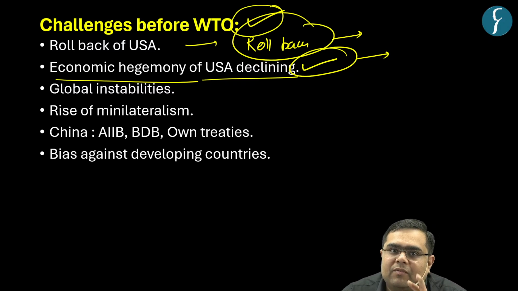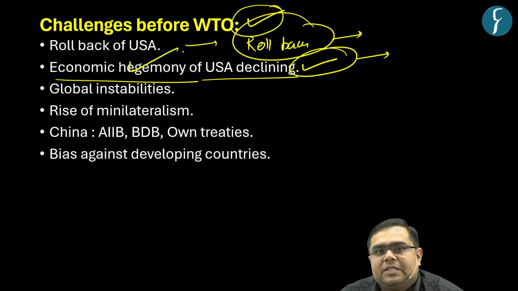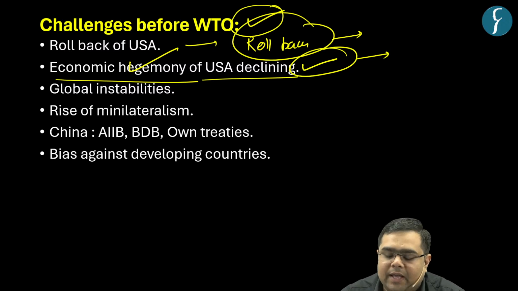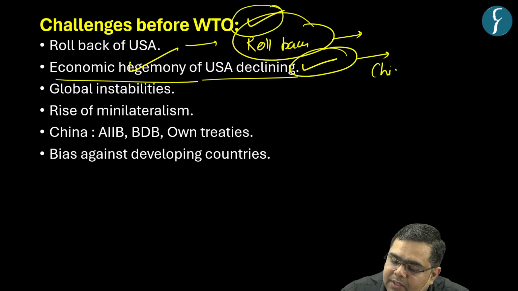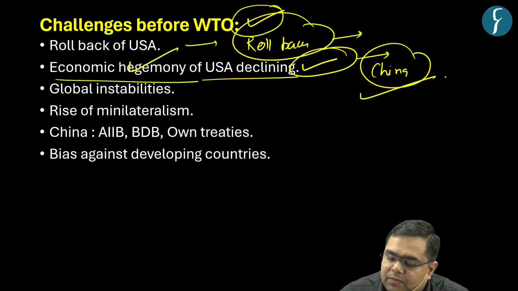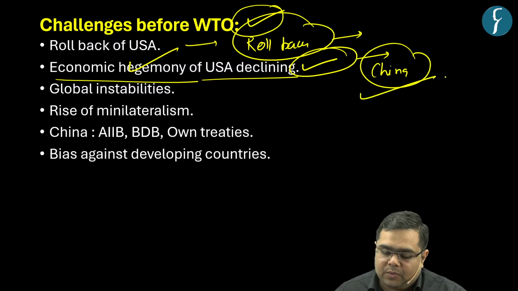Similarly, economic war is again the continuation of what? Politics. To gain or preserve national self-interest was the core idea behind the formulation of these kinds of organizations. So since the economic hegemony of USA is declining, who is taking the space over here? China. China is taking the space of economy from the USA.